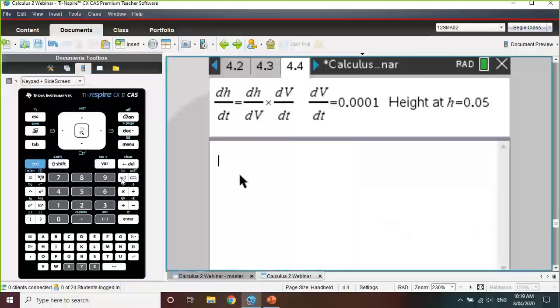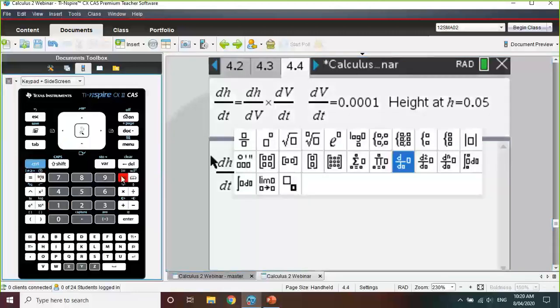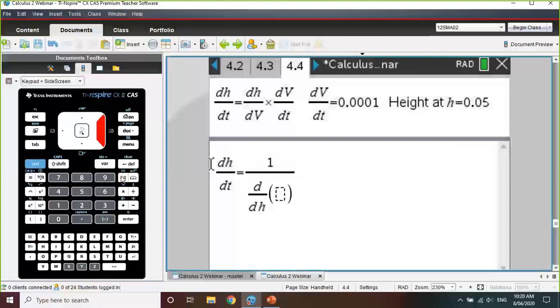All right, we're almost there. So we want dH/dV, sorry, we want dH/dt. We want to figure out what dH/dV is. So that's just 1 over the derivative dV/dH, and we're multiplying that by the given rate of dV/dt from the question, 0.0001.